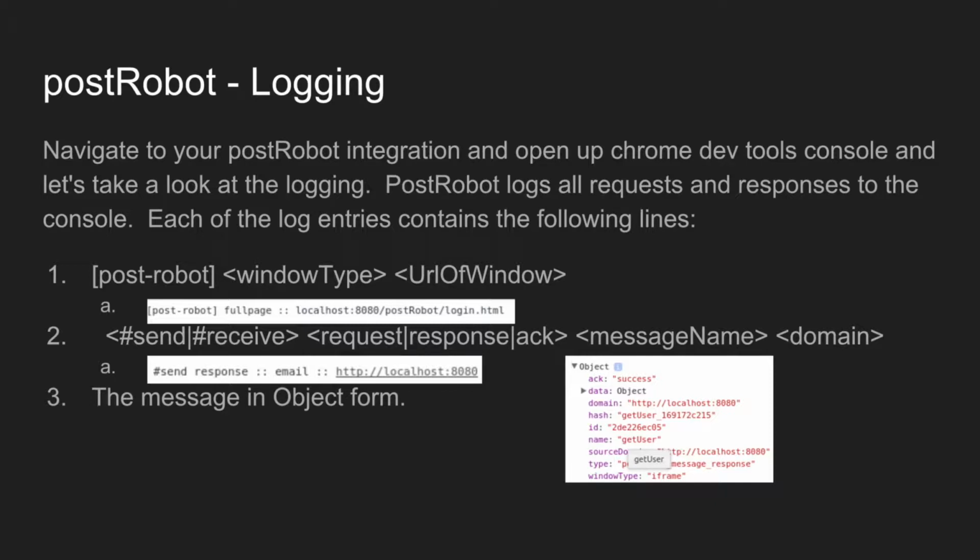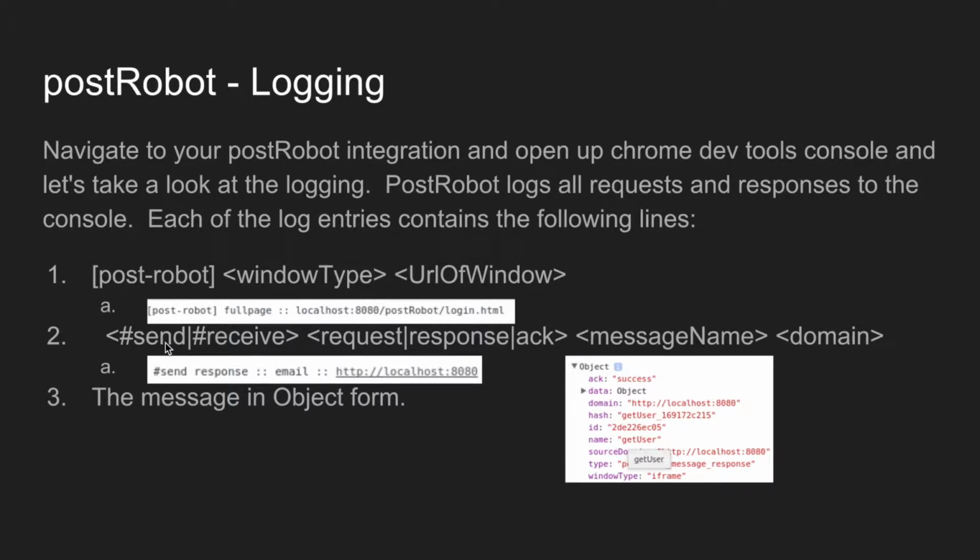And then you'll also see the URL of the window, so that's the URL that actually did the logging. In this first log line here, you'll see that it was logged on localhost 8080 postRobot login, not our login. So that means that it was actually logged on the parent page.